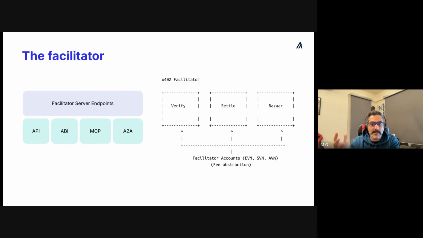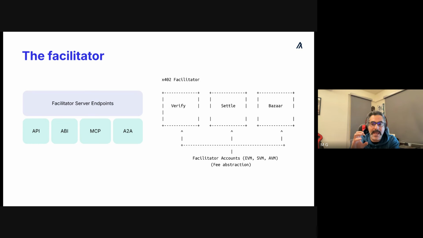So you don't need to worry about the facilitator, but just to have a brief explanation about what it is and what it does, the facilitator has three main responsibilities. Number one is to receive the transactions provided by the end client, the x402-oriented client, which are sent to the resource server, and the resource server will send them to the facilitator, and the facilitator will verify everything that needs to be verified, security-wise, balance-wise, you name it.